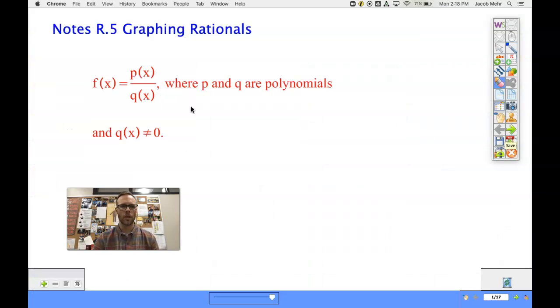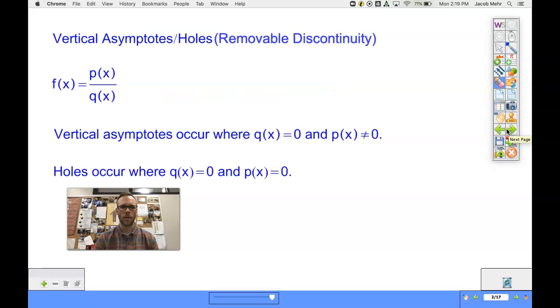So remember, a rational function is a fraction where the numerator and denominator are polynomials. Of course, the denominator cannot equal 0. Vertical asymptotes versus holes, also called removable discontinuity. If our rational function is p of x over q of x, vertical asymptotes happen where the denominator is 0 and the numerator is not 0.